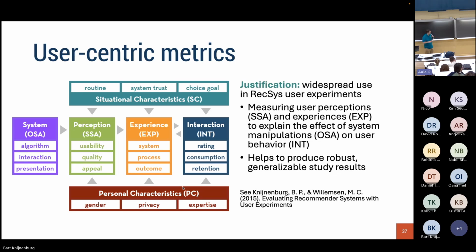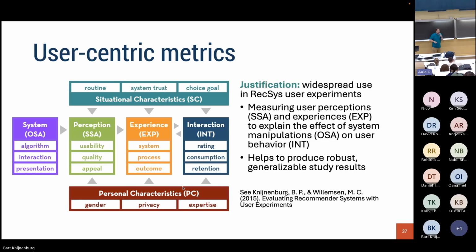So this basically explains how certain things that you might manipulate in the system, these factors that Ed talked about, influence your perceptions of those aspects, the subjective system aspects, how they subsequently influence your user experience, things like perceived system effectiveness and choice satisfaction, and how those things might be influenced by situational and personal characteristics. Those are those boundary conditions that you might want to keep into account.